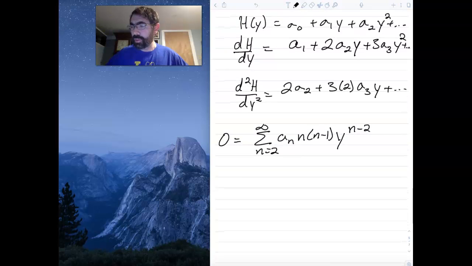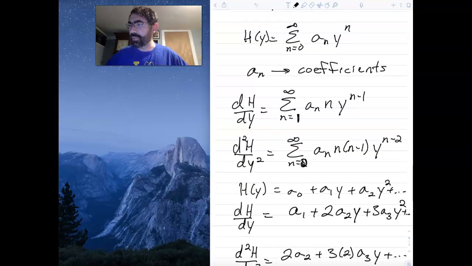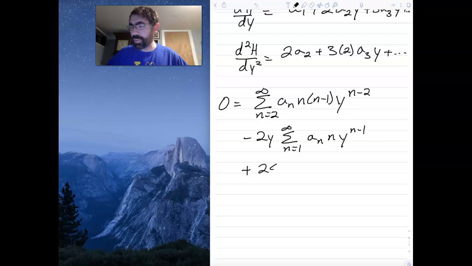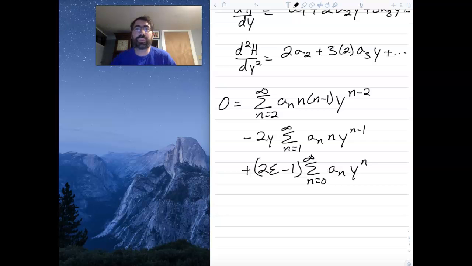The second term is minus 2y times the sum from n equals 1 to infinity of a_n n y to the n minus 1. And then we have plus 2 epsilon minus 1 times the sum from n equals 0 of a_n y to the n. Okay, so I've gotten rid of the derivatives. It's now just polynomials added to polynomials.